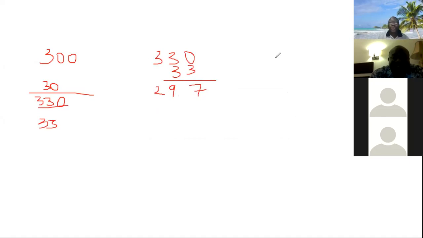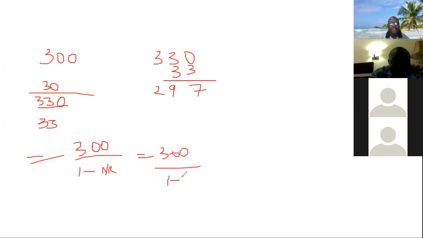What you should do is say the new sample size would be 300 over 1 minus the attrition rate, or non-response rate. If your non-response rate is 10%, you go to 300 over 0.9, that is 1 minus 0.1.